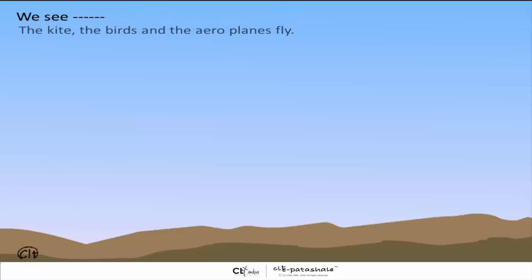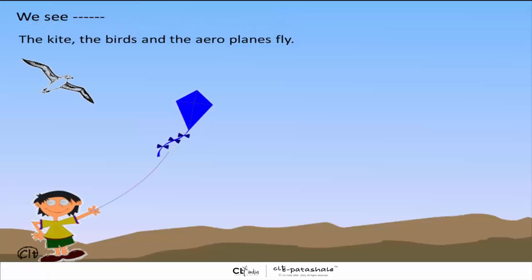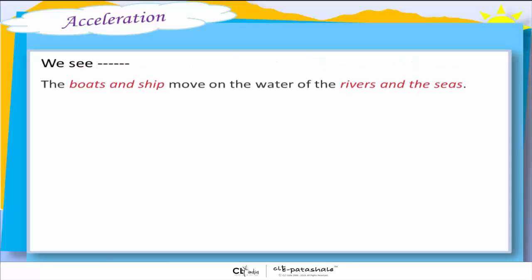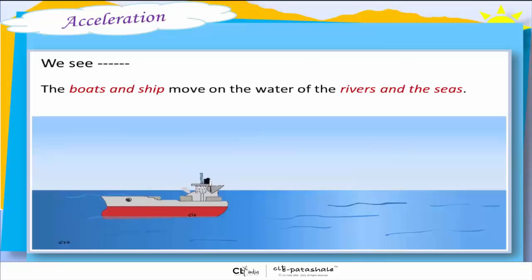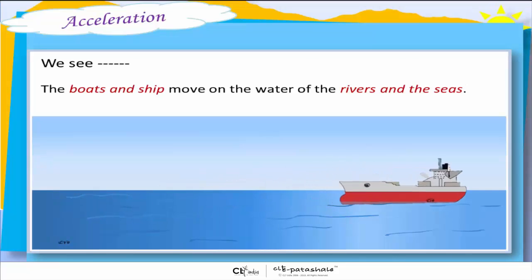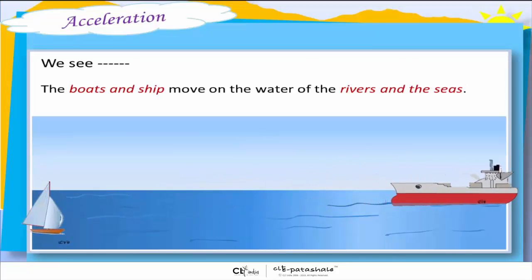We also see the kite and the birds and the aeroplanes flying in the sky. We also see that the boats and ships move on the water of the rivers and the seas, as shown in the diagram below.